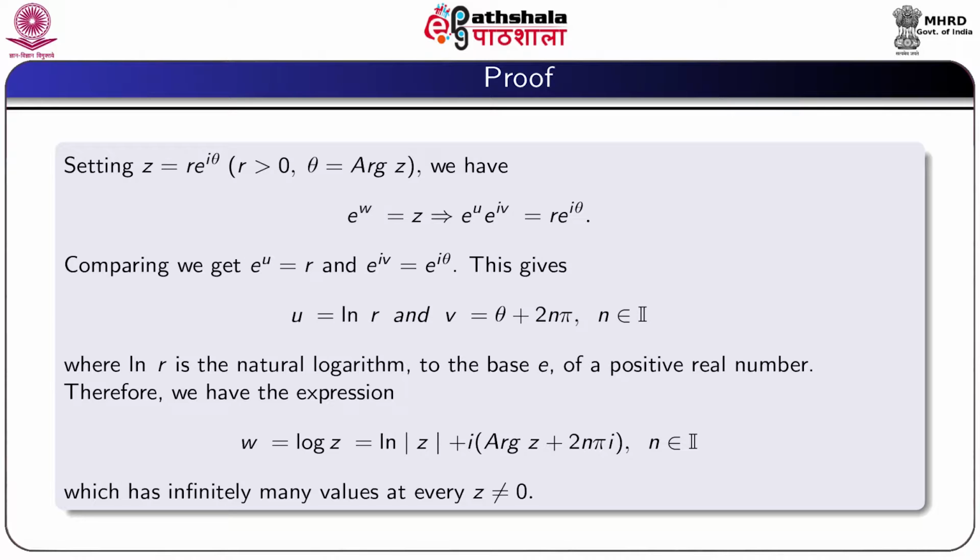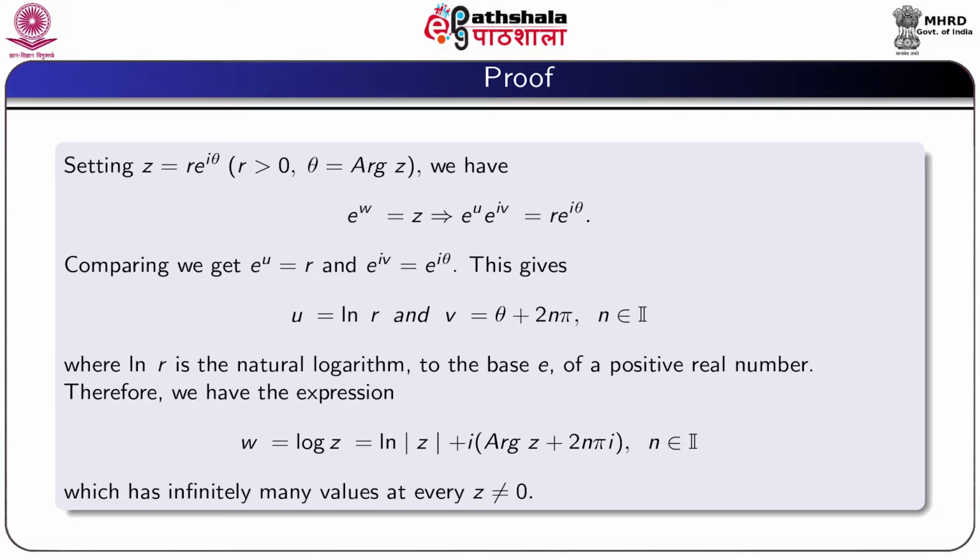This gives u equal to ln r and v equal to theta plus 2n pi, where n belongs to I, the set of all integers, where ln r is the natural logarithm to the base e of a positive real number.